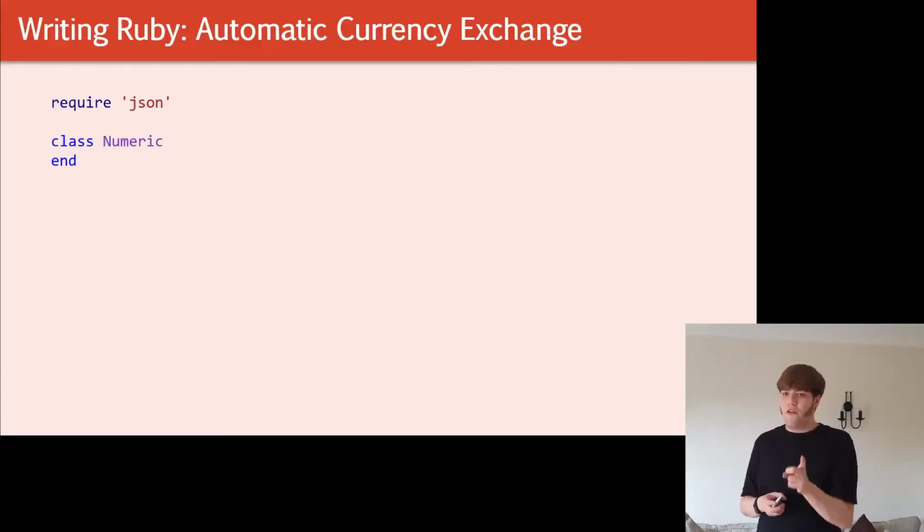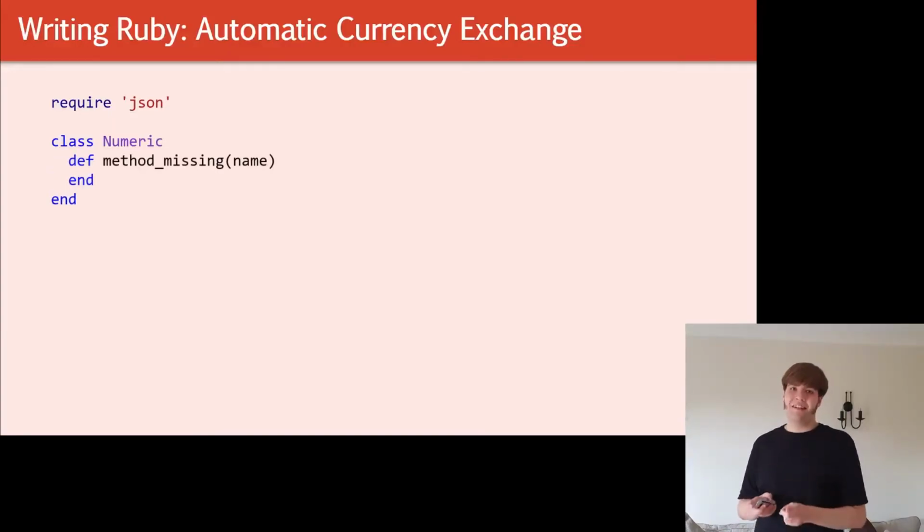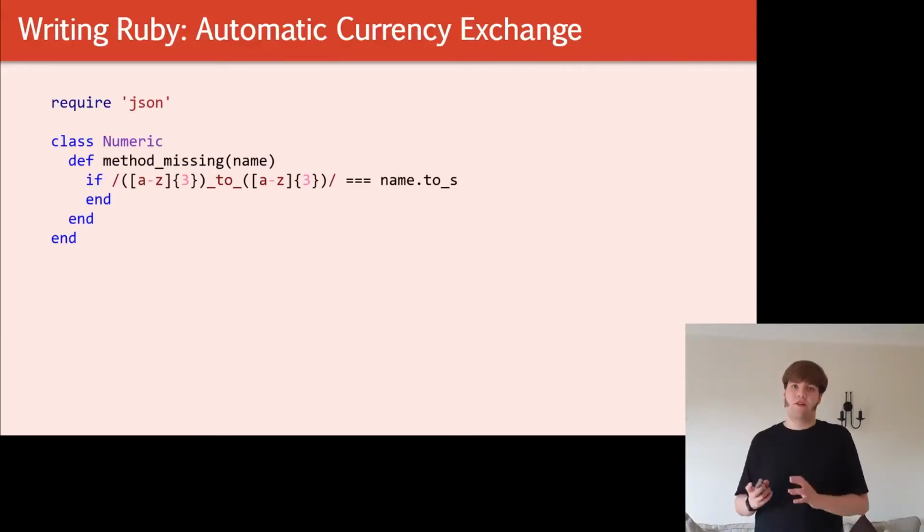Next, our first sign of chaos. We're not just defining one method for conversion, we're defining all the methods to do our conversion. Here I've defined method_missing to catch any calls to non-existent methods. If the method called on a numeric instance doesn't exist, we'll check if the method's name matches this horrible regular expression.